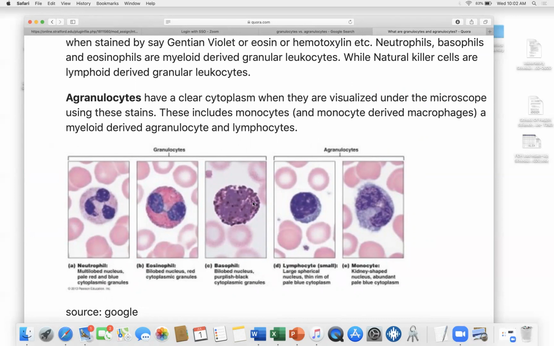So it's all like that. If you look at the agranulocytes, there's nothing. This might not be the best picture, but you could see that there aren't granules. The granulocytes are neutrophils, eosinophils, and basophils, and they call them that because of the stain that each type of white blood cell likes.